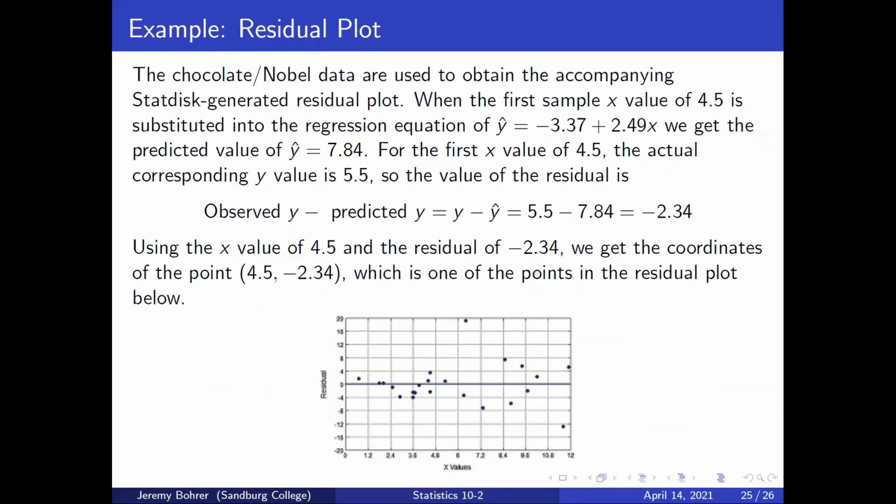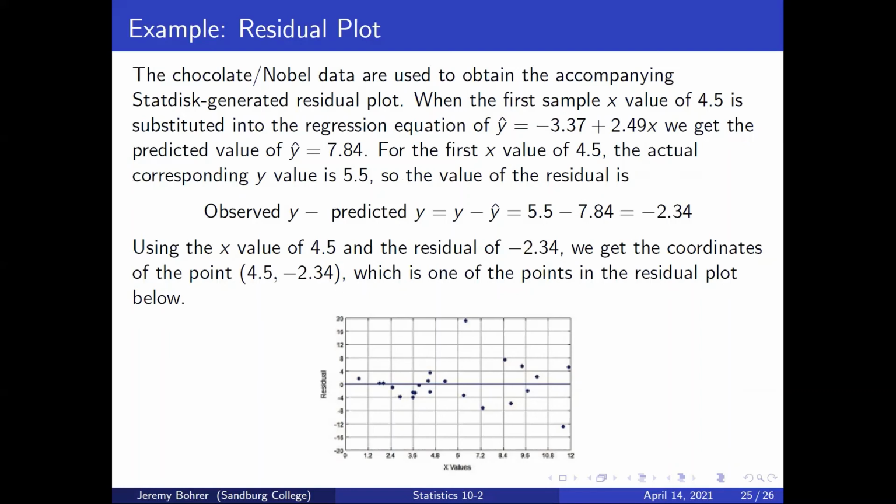The chocolate Nobel data are used to obtain the accompanying StatDisk generated residual plot. When the first sample x value of 4.5 is substituted into the regression equation of y hat equals negative 3.37 plus 2.49x, we get the predicted value of y hat equals 7.84. For the first x value of 4.5, the actual corresponding y value is 5.5.